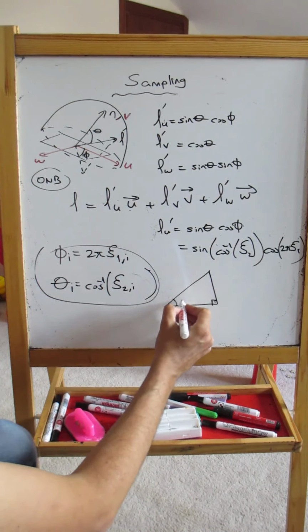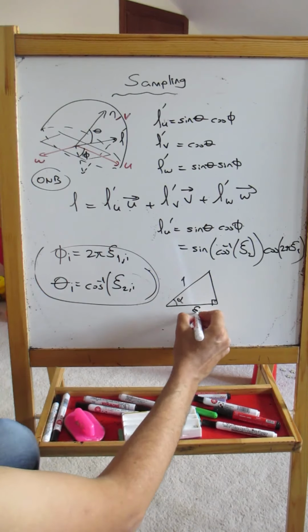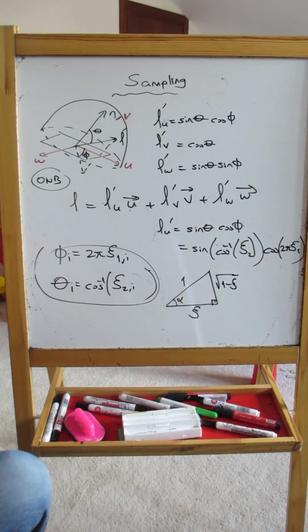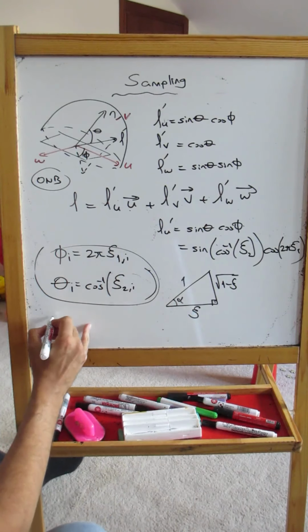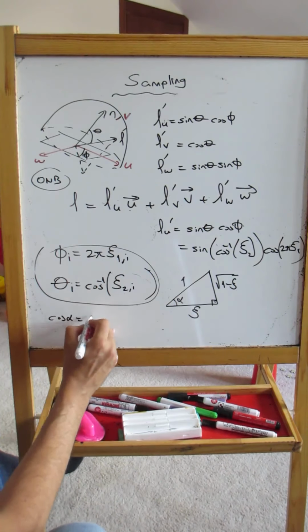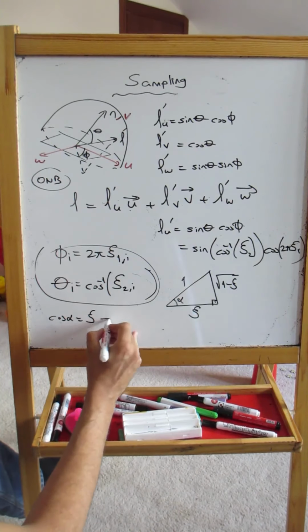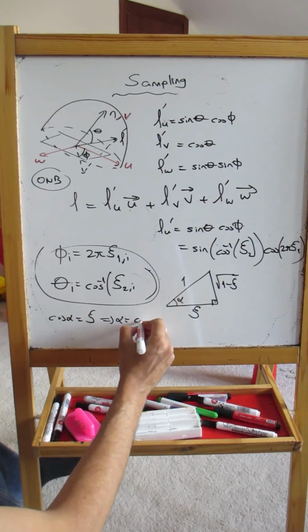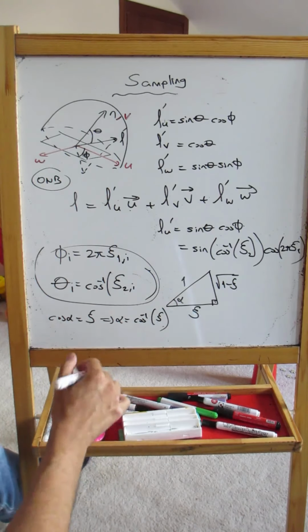Let's say this angle is alpha, the hypotenuse is 1, the adjacent side is psi, and the opposite side is square root of 1 minus psi squared. Here cos alpha is psi, so from here alpha is going to be cos^-1 psi.